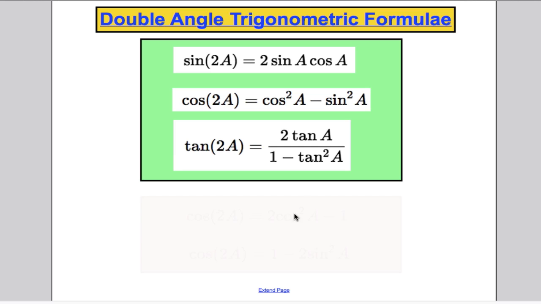Now, there's one further extension we can go, and we get an extra pair of identities with cos 2a. This has a cos squared and a sine squared, and we can use the fact, let's say on the one hand here, that sine squared a, using our Core 2 identity, is 1 minus cos squared a. And instead of having sine squared a in here, we could substitute 1 minus cos squared a, and we would get that cos 2a would be equal to 2 cos squared a minus 1.